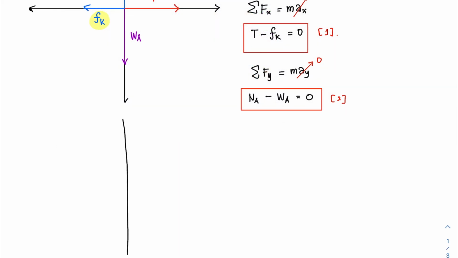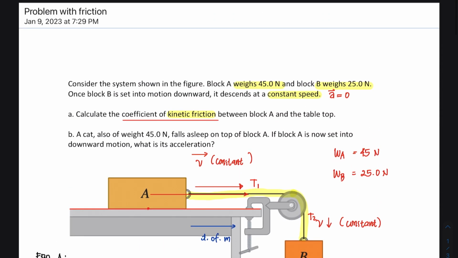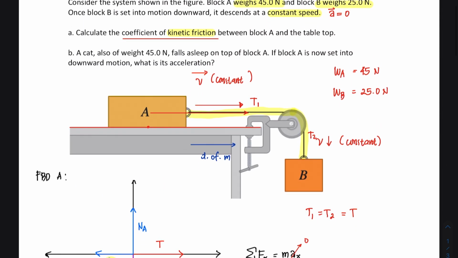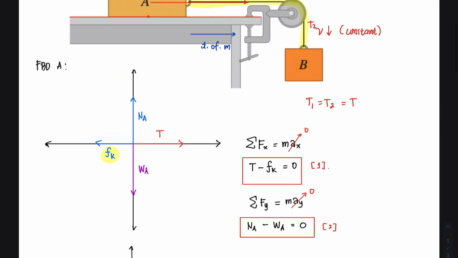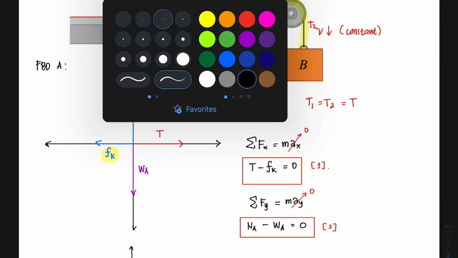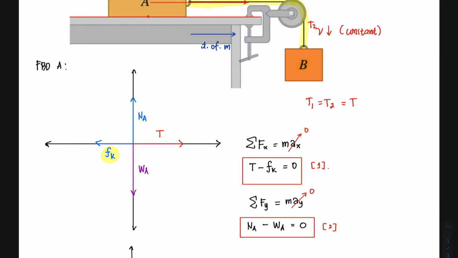Now let's deal with the free body diagram number 2. And this free body diagram is for this body over here, this is your body B. So clearly, the free body diagram for that is very easy. So firstly, you have the tension T that is trying to pull the string upward.